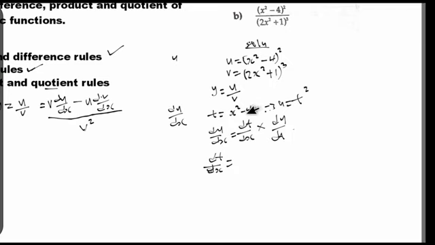Now the power here, the index, will multiply by the base. That's 2 multiplied by s, and you subtract 1 from this 2 here, which means 1. So it means 2s. 2s to the power 1, and anything to the power 1 is not visible. So when you differentiate this t with respect to s, the answer is equal to this. So you have got the answer for dt/ds.